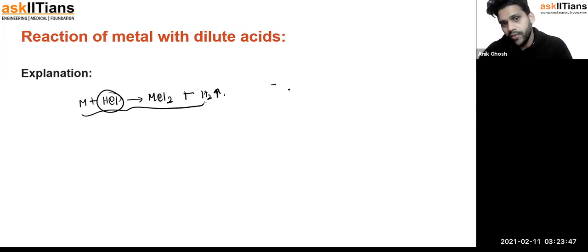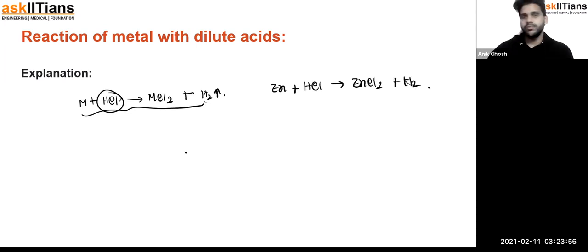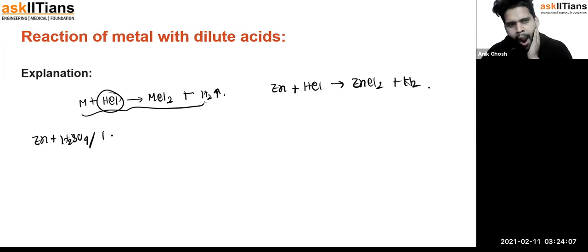If I take Zn plus HCl, I'm going to get ZnCl2 plus H2. But when the reaction is happening with H2SO4 or HNO3, you can use any one of them.